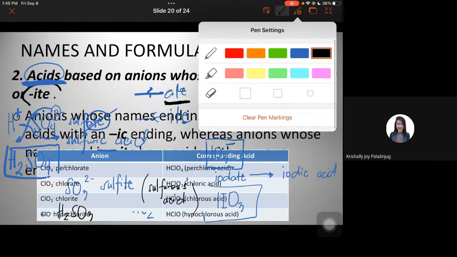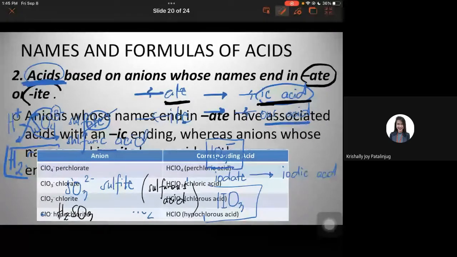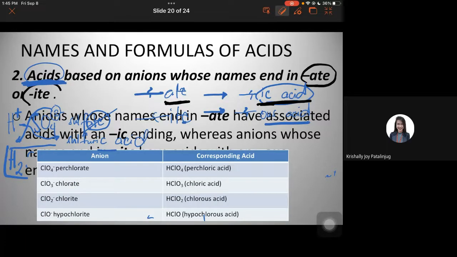For perchlorate, it ends with ate, so when you derive its corresponding acid name, you just change the ate to ic acid. So perchloric acid. And for hypochlorite, its equivalent acid name would be hypochlorous acid. So that's it.